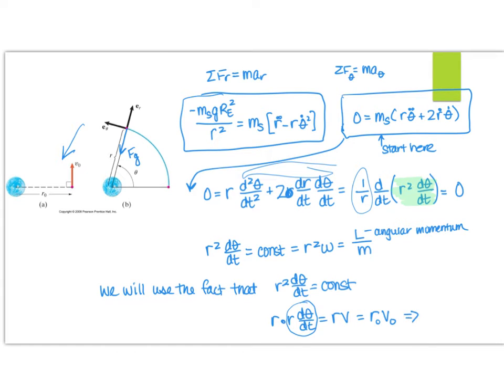What we can do is rearrange, and d theta dt can be written as r naught v naught over r squared. We're going to use this in the radial equation.